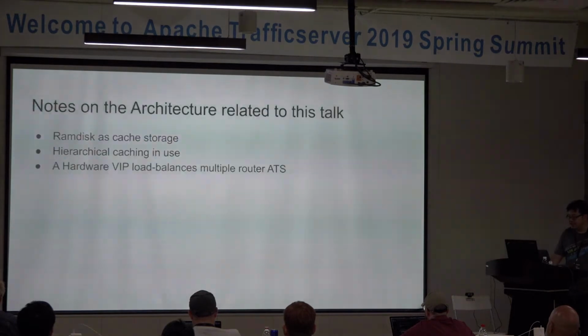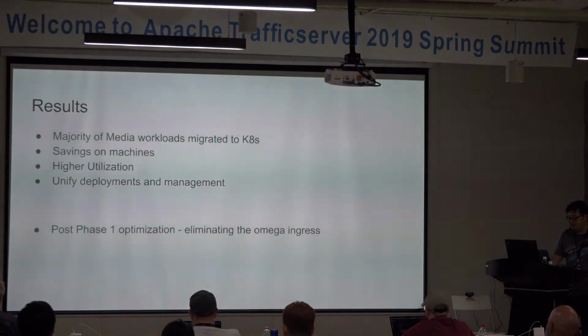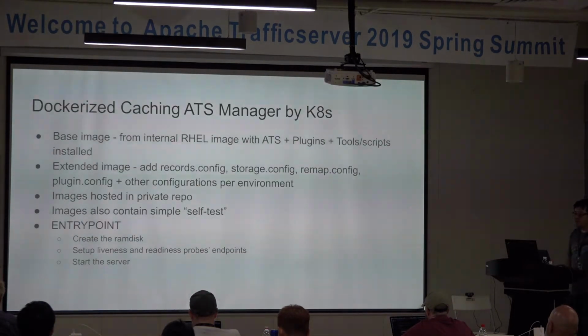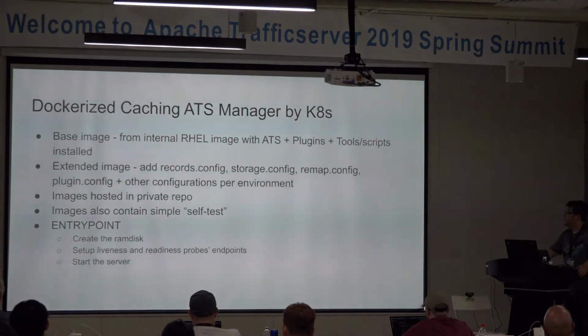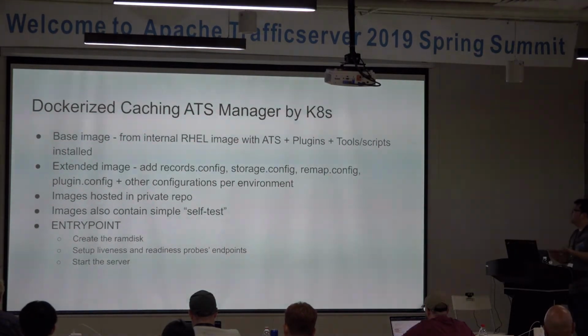So it's easy to do the caching workload. We just start with a base image. We have our own internal RHEL image, and then we put the ATS on, we put the plugins on, and we put our tools and scripts on, so then we come up with our base image. For each of the clusters, they have their own caching ATS layer, which would be their extended image.